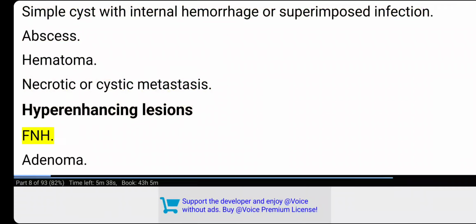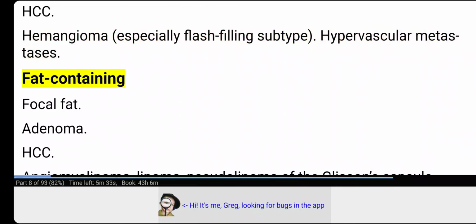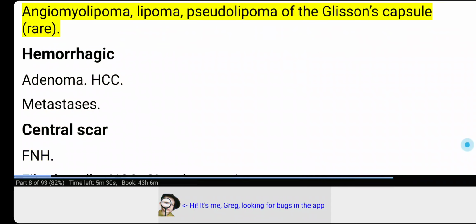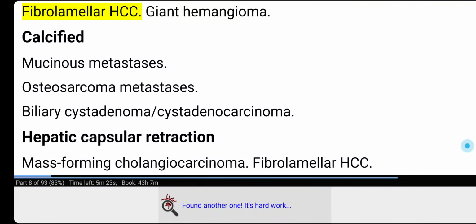Hyperenhancing lesions: FNH, adenoma, HCC, hemangioma, especially flash-filling subtype, hypervascular metastasis. Fat-containing: focal fat, adenoma, HCC, angiomyolipoma, lipoma, pseudolipoma of the Glisson's capsule, rare. Hemorrhagic: adenoma, HCC, metastasis. Central scar: FNH, fibrolamellar HCC, giant hemangioma.